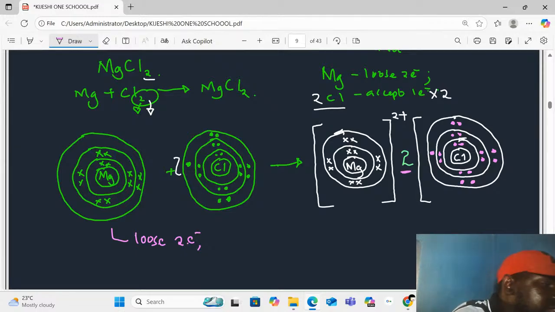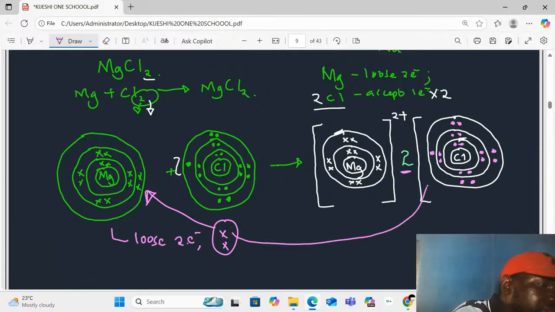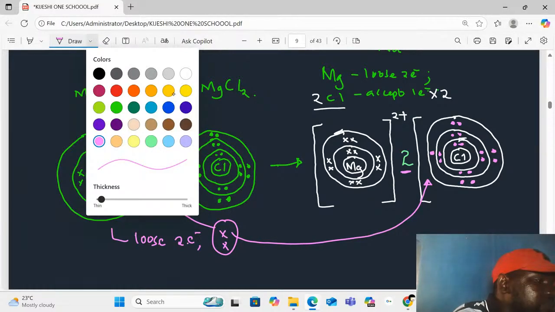So from this, 1 chlorine will pick, and it will be like this.